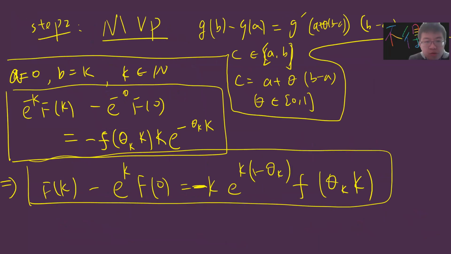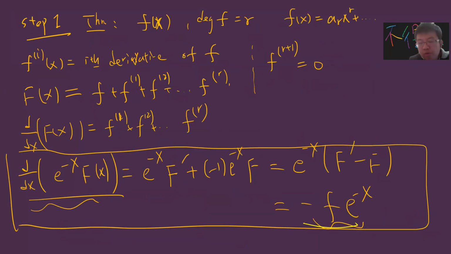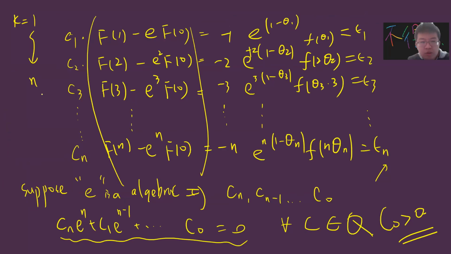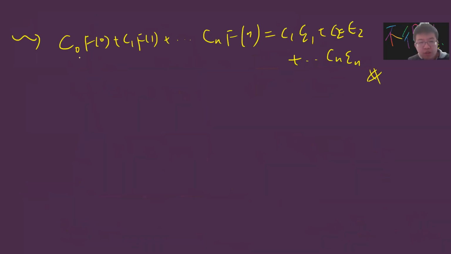Our step 2 basically combines step 1 and step 2. Somebody gives you a degree r polynomial, and once you construct this capital F, you can use the mean value theorem and prove that, supposing e is algebraic, for every polynomial this equation will be true.